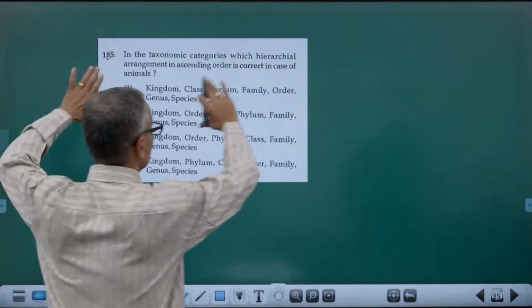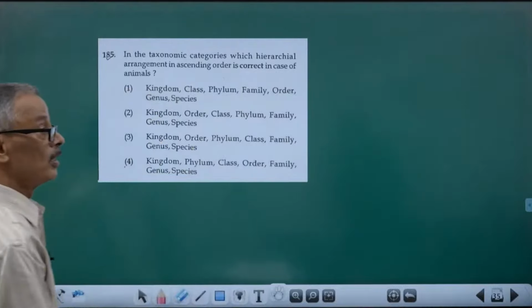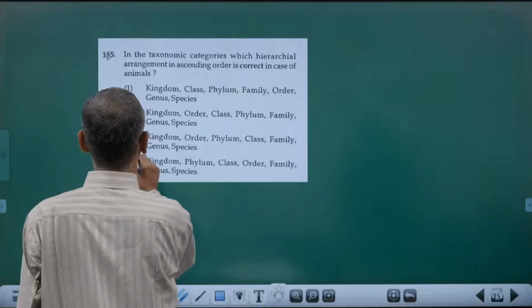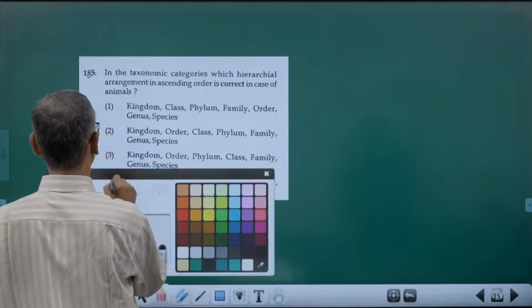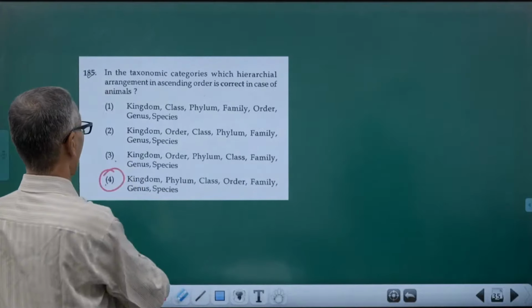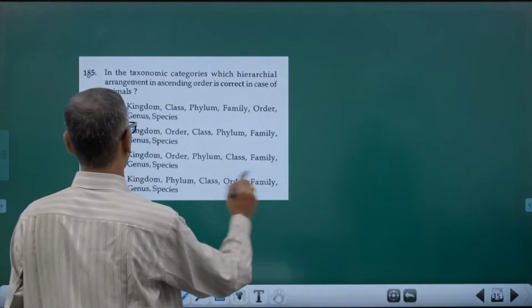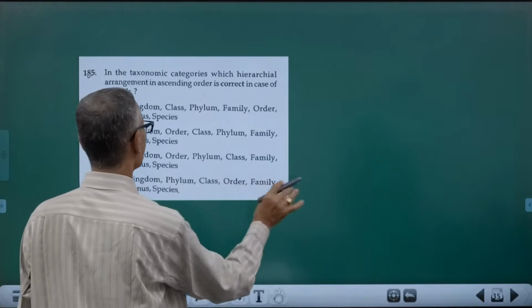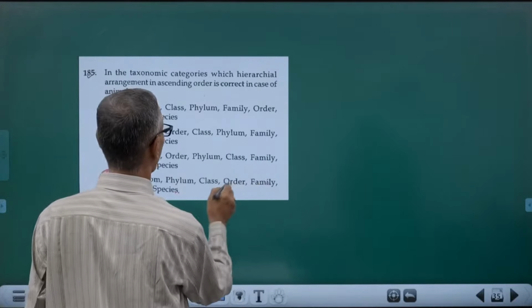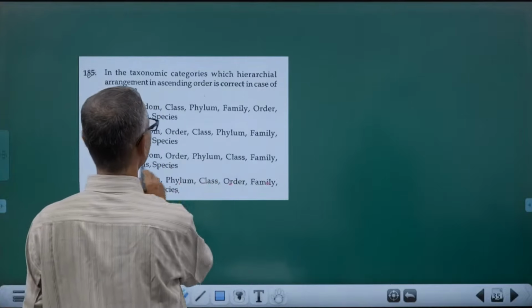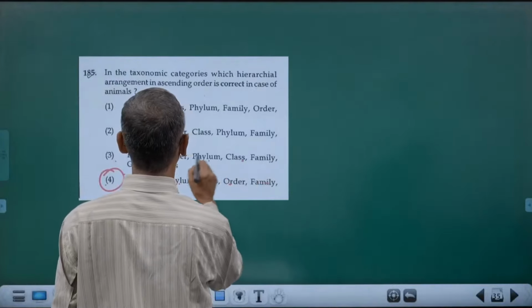But there is no such order given, so we can take only this one as the correct one. Actually, it is in descending order. Kingdom is the largest, species is the smallest. But the order is species, genus, family, order, class, phylum, kingdom. In others, species, genus, family, class, phylum, order.